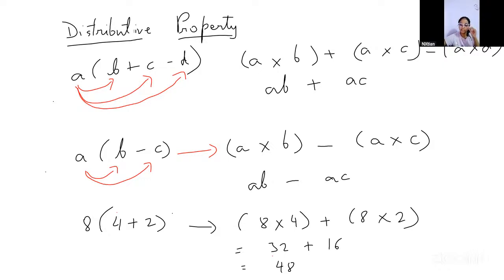A into b plus a into c minus a into d. This is basically my distributive property.